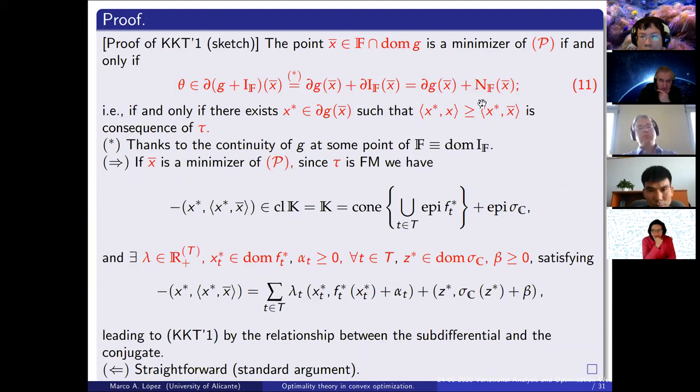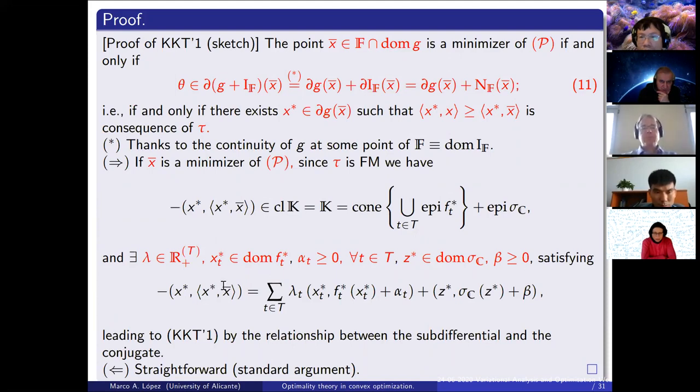But if x star is in the negative, it is equivalent to say this inequality holds. And so this is a consequence of the system, the constraints defining F. But my system is assumed to be Farkas-Minkowski. And so by the characterization of linear inequalities which are consequences of the system, this belongs to the closure; since the system is Farkas-Minkowski, this cone is closed, and this cone takes this form.